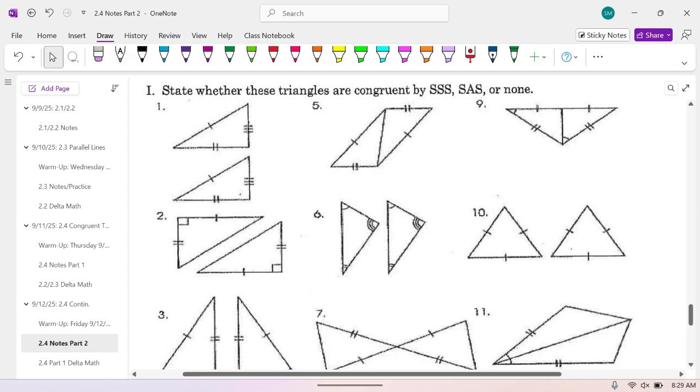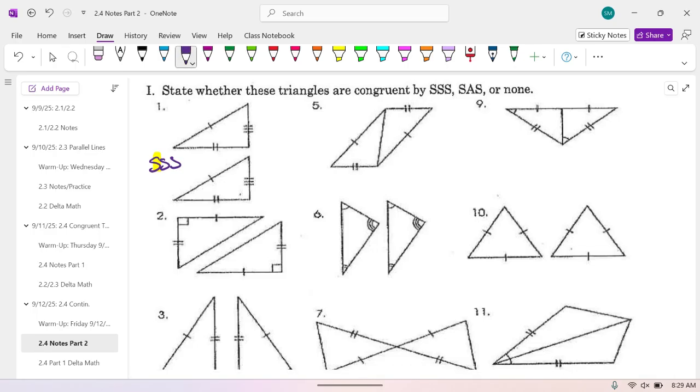So let's look at number 1. Are those two congruent? Yes or no? Yes. By what postulate? Side, side, side. Good. We have 3 sides that are marked, so we can say they're congruent by side, side, side. What about number 6? Congruent or no? No. Why?